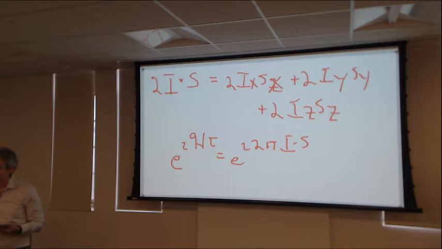Stefan Glaser managed to solve these equations for three spins, and then in a somewhat heroic but thankless effort, solved them for four spins. And I think he proved you can't do it in closed analytical form for five spins.